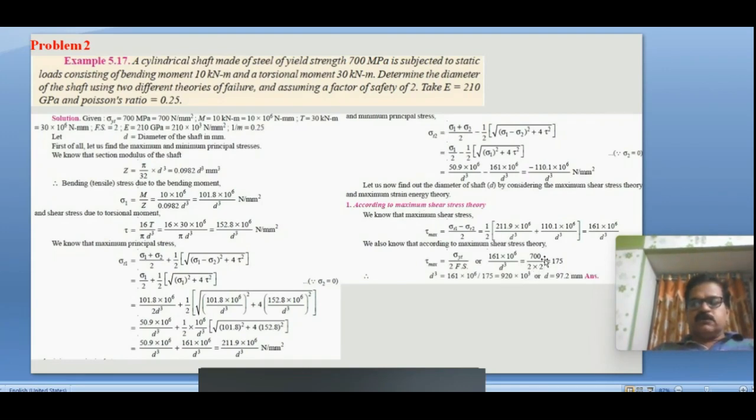So that is 700 by 2 is 350, 350 by 2 is 175. 175 is the allowable shear stress, and that is equated to this 161 into 10 power 6 by d cube. From this we got the diameter as 97.2.